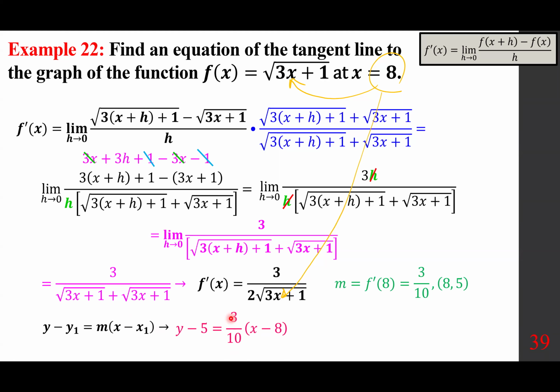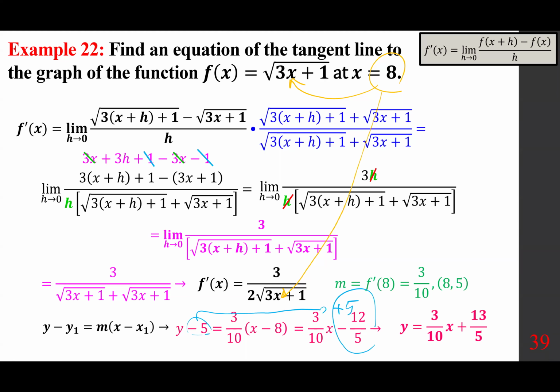So distribute, you get 3/10 of x, and this one minus 24 over 10 or minus 12 over 5. You move the 5. And 5 is 25 over 5.